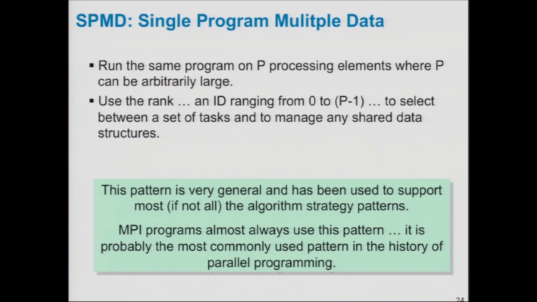So this is a very general pattern. We'll assume you've probably seen it before, but you want to keep it in mind. I'm sure you've seen it before because this is how MPI really works in general. MPI is not strictly an SPMD programming model, but almost all MPI programs end up being SPMD programs.